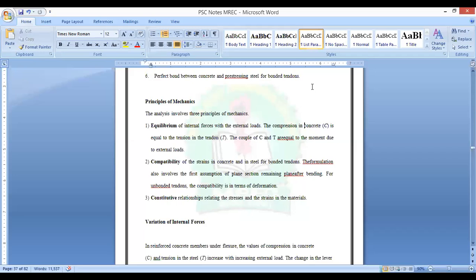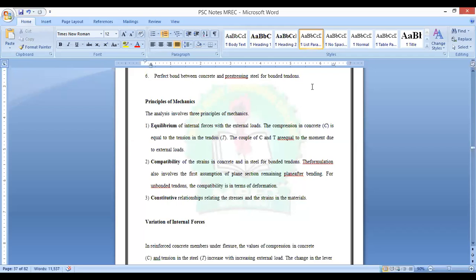That is the first principle of mechanism, equilibrium of internal forces with the external load, where the compression in concrete is equal to the tension in the tendon. Understand? And whatever force we apply in the strand in terms of tension, the same force should transfer into the concrete in the form of compression.